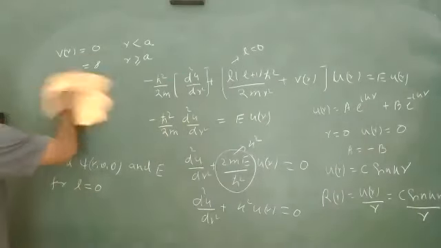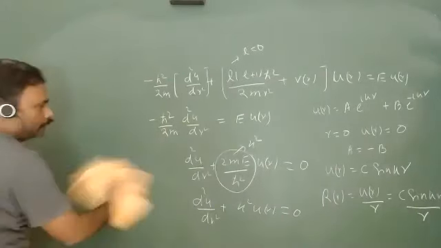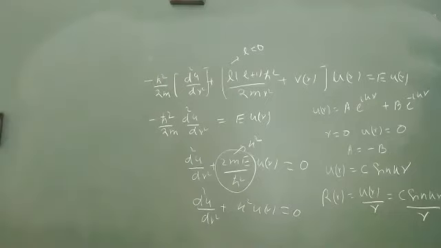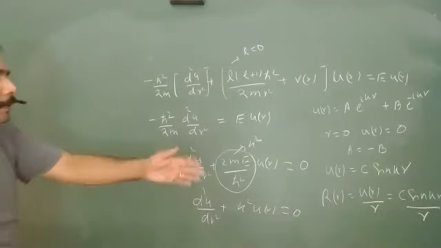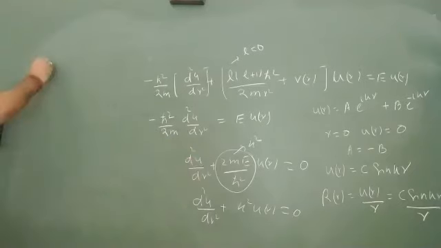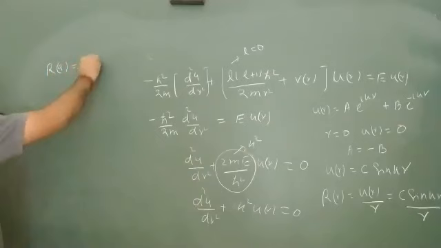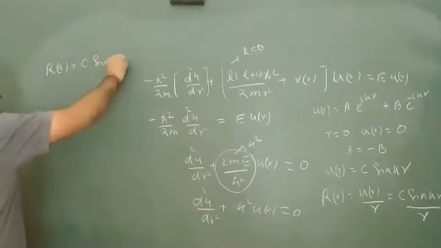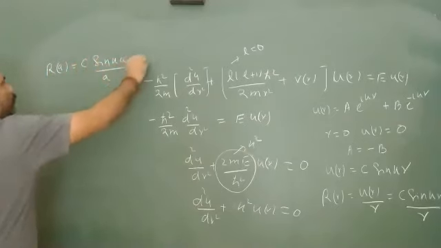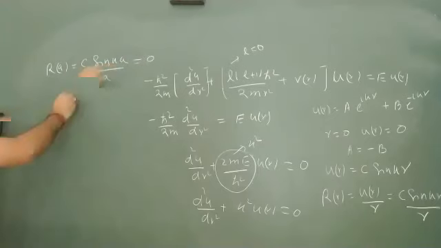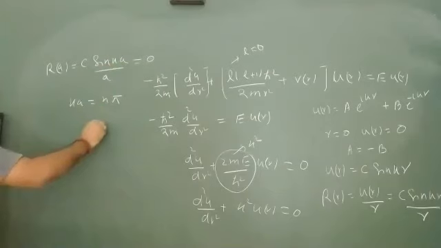And now let's go for another boundary condition. What will be the other boundary condition? At r equal to a, again the radial part must be 0. So R(a) is C sin ka by a, which must be equal to 0, meaning ka is equal to nπ. And what is the value of n? 1, 2, 3.